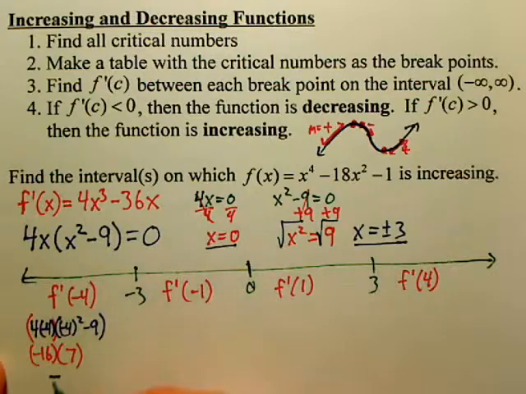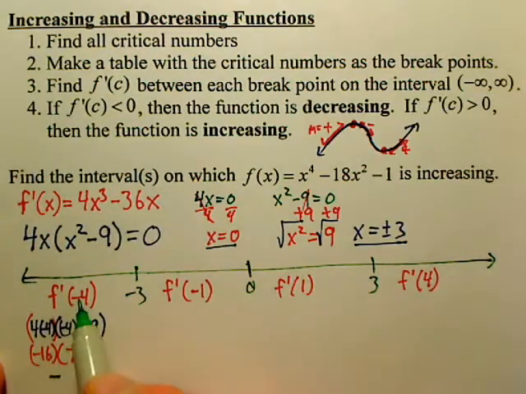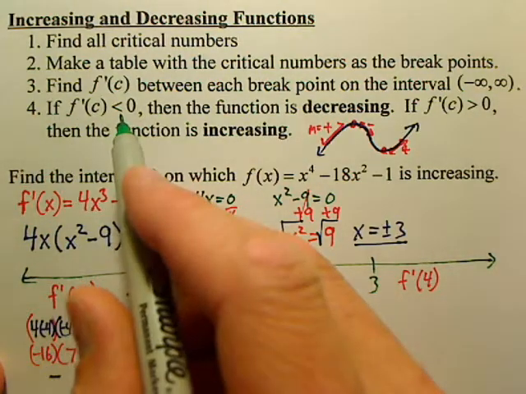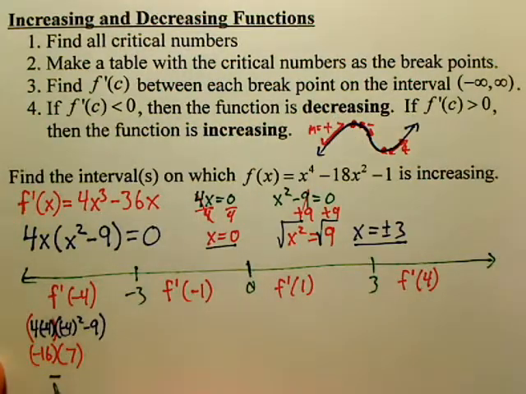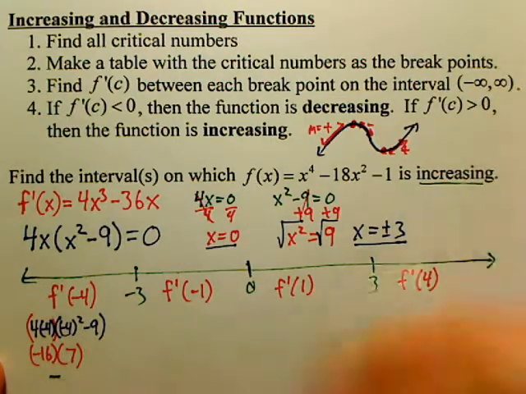All right, so what is the derivative at -4? It's negative. That's all we care about, because if the derivative of c at -4 is less than 0, negative, that means it's decreasing. So for this interval, it's decreasing. I'm asking for increasing, so that interval is not part of what I want.